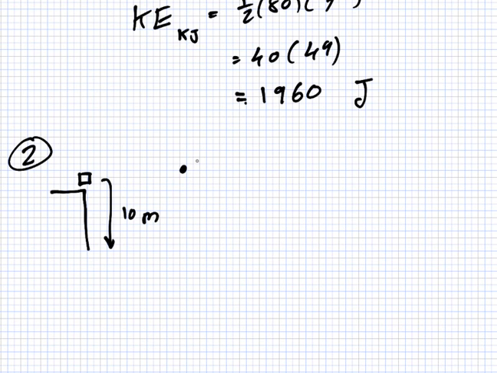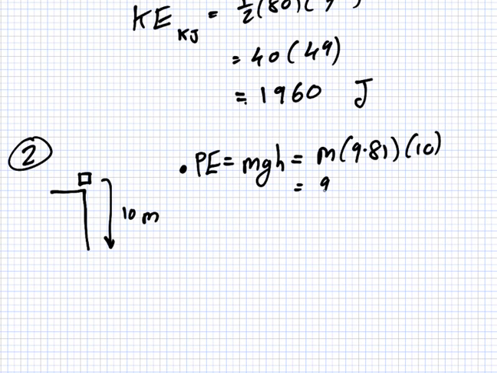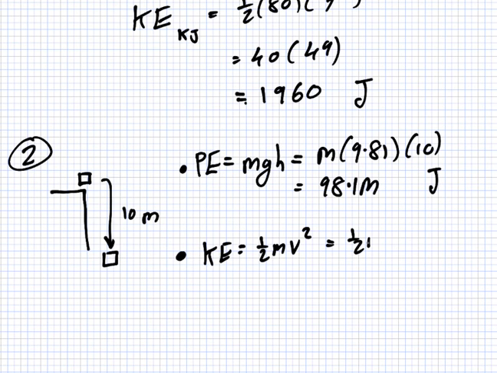Up the top it has only potential energy, which equals mgh, which equals m times 9.81 times 10, which equals 98.1m joules. Down the bottom it has only kinetic energy, which is a half mv squared, and we don't know v yet.